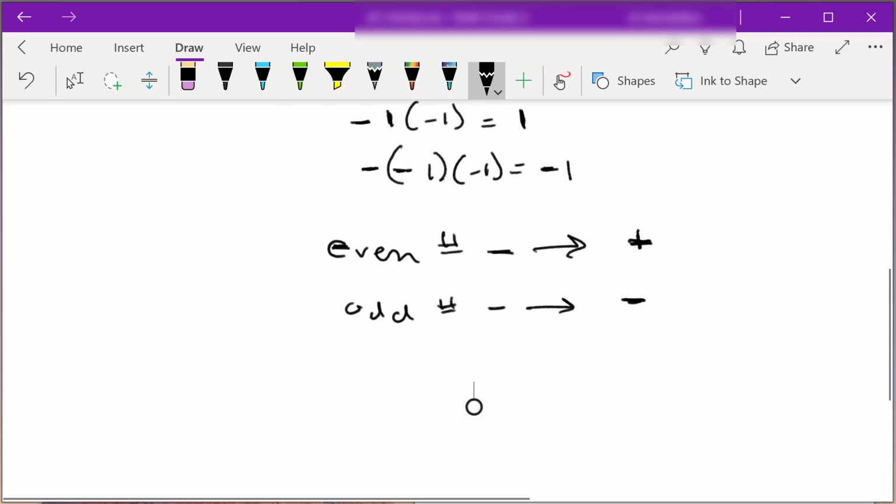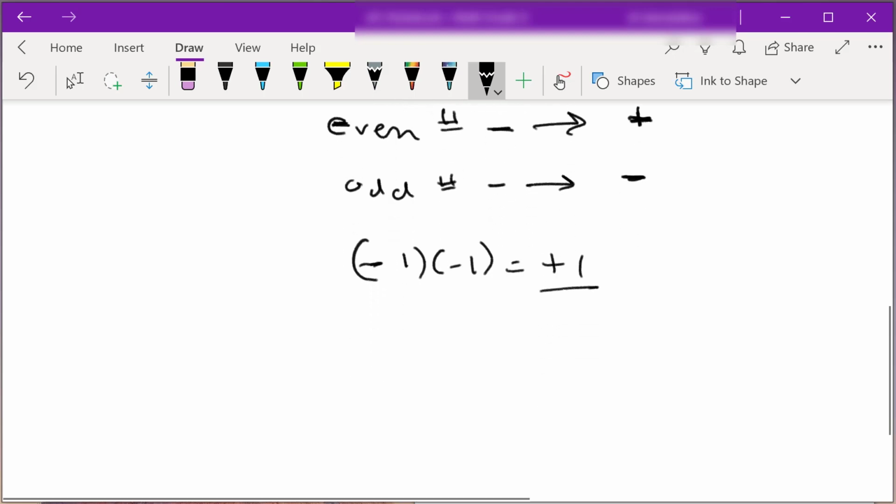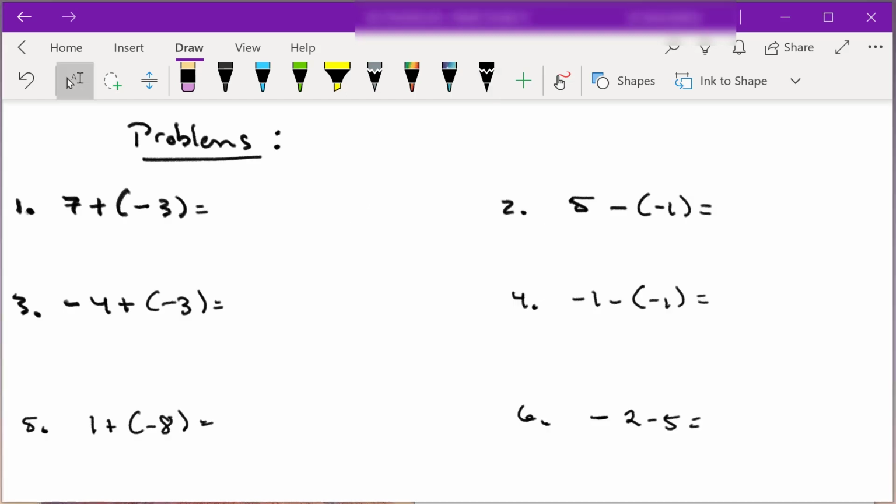So in the example above, minus 1 times minus 1 is plus 1 because there are two negative signs. However, when there's 3 negative signs, minus 1 times minus 1 times minus 1, this will produce negative 1. Keep that in mind. Let us look at some problems.